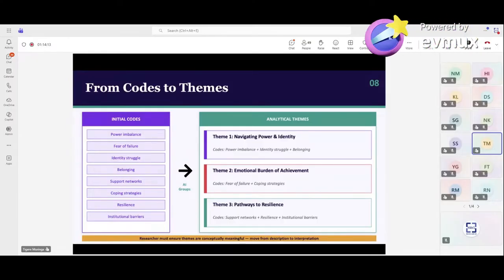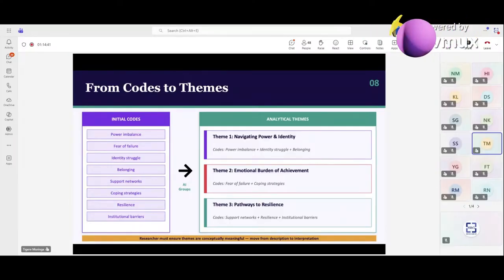began, right? So from codes to themes, right? Assuming that you've generated those codes, right? I'll give an example of codes that we have here: power imbalance, fear of failure, identity struggle, belonging. What the AI will do is, if you give it a prompt, it will then move from these codes, more than six of them, to bringing them together.